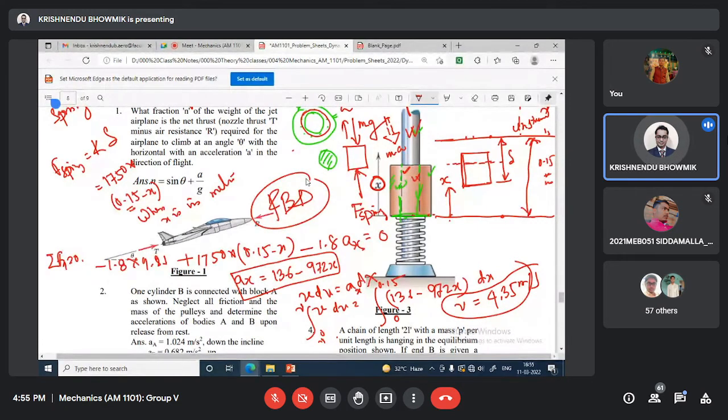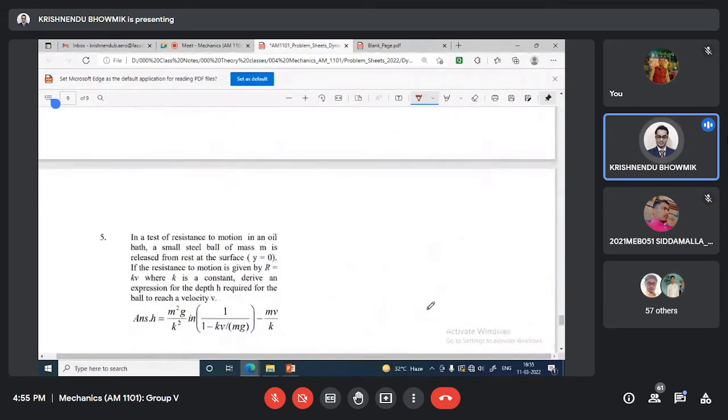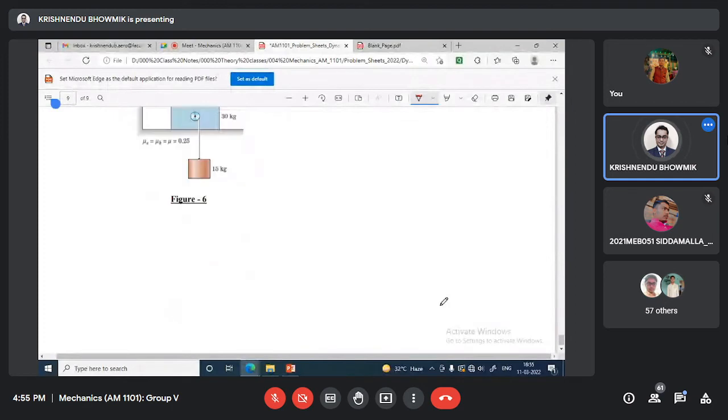Using the D'Alembert principle, we got acceleration as a function of x. Then v dv equal to a dx, that kinematics relationship, gives the velocity v. So two problems I have solved. The remaining problem you do. Then we will see.